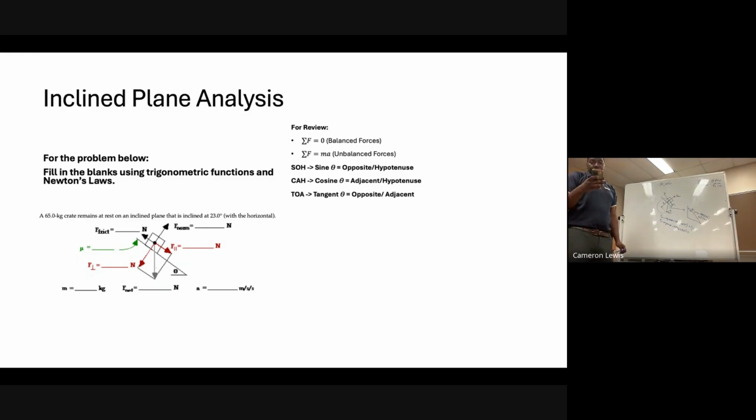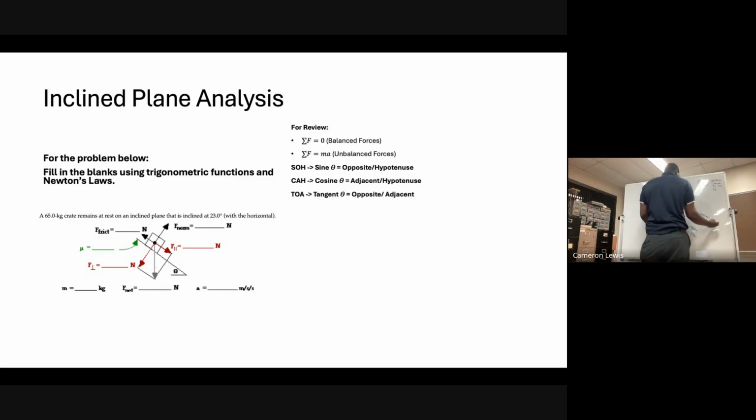586. That was cosine. 249. So now I know that my frictional force is equal to my parallel force, which is 249 that I just found, and my perpendicular force is equal to my normal force.